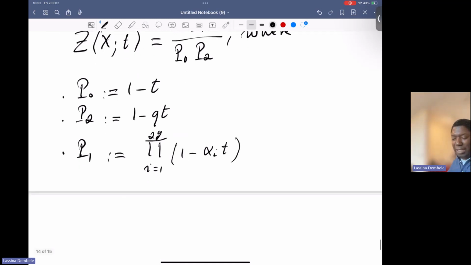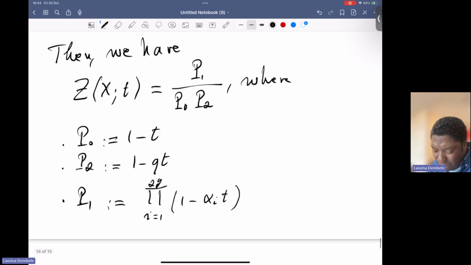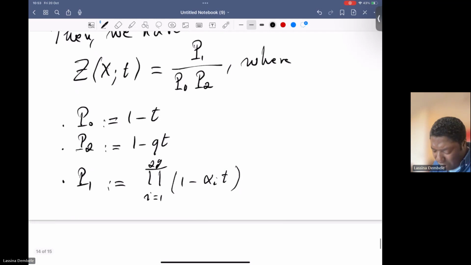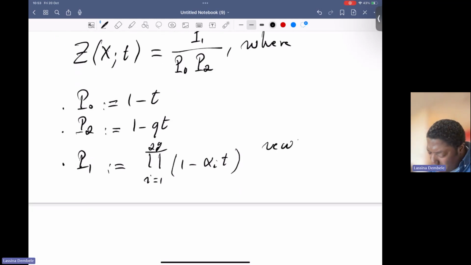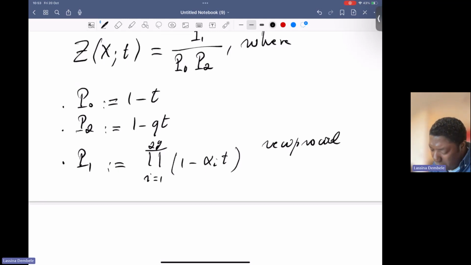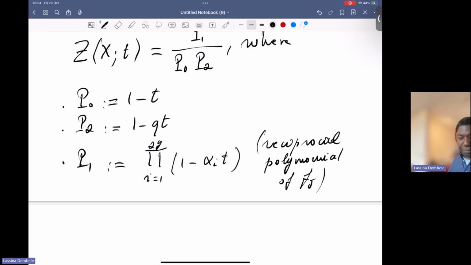And if you stare at this polynomial carefully, this is what we call the reciprocal polynomial of f_J, the characteristic polynomial of Frobenius.